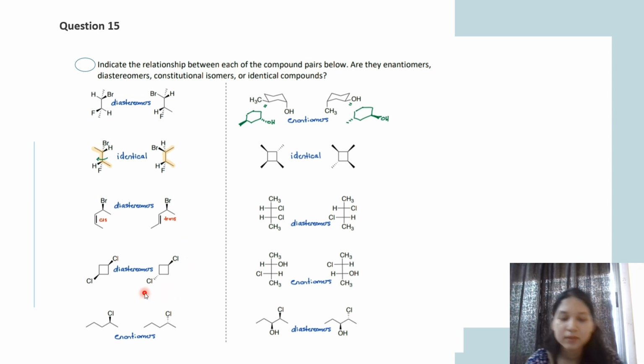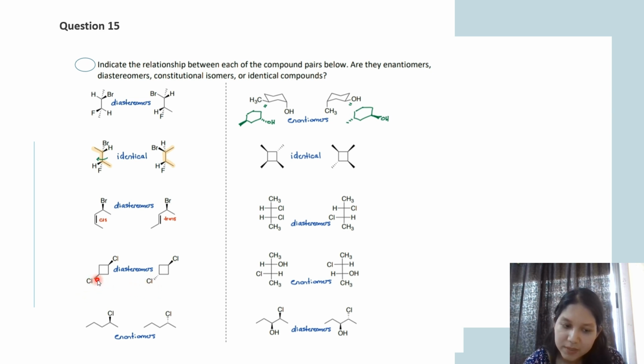For the next pair, you have two cyclobutane rings, and both the cyclobutane rings contain two chlorine substituents in the 1,3 positions. In both the molecules you see in 1,3 positions you have chlorine substituents, but if you look at the two molecules, they are definitely not identical, because the chlorine substituents are oriented in different directions.